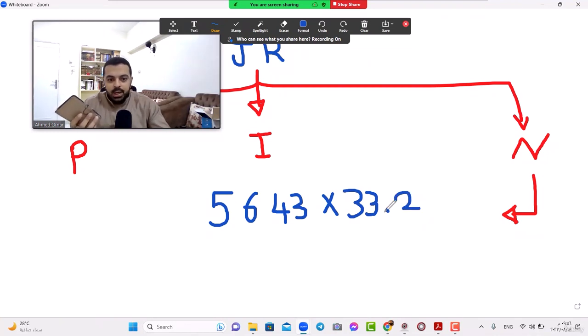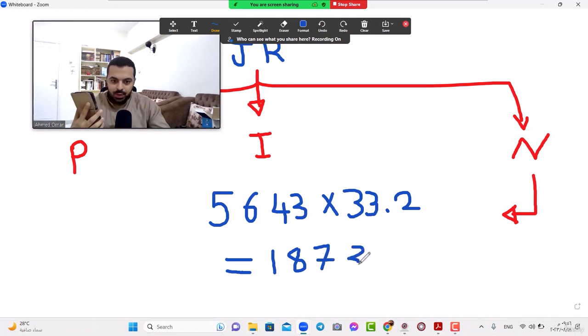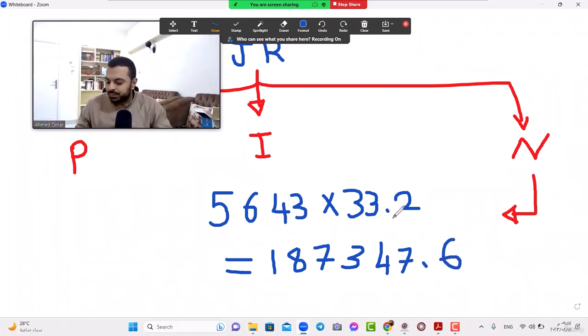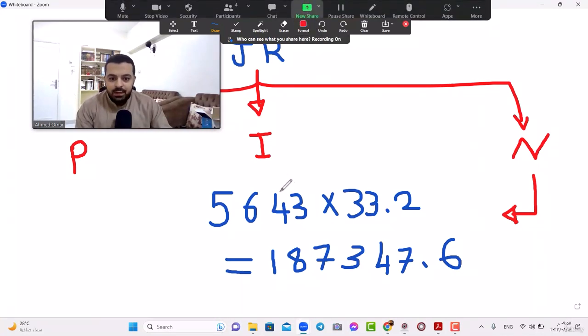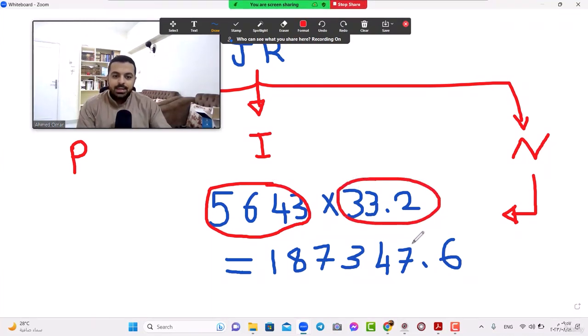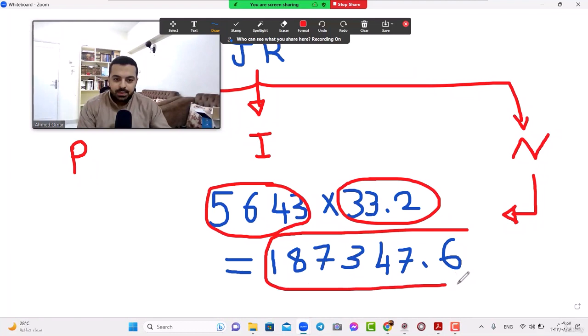Can any one of you tell me the answer without calculating it with a calculator? Okay, let me tell you the answer. It's 17,934.7. Okay, this is the answer. Look, if we have this multiplied by this, it is necessary to give us this.